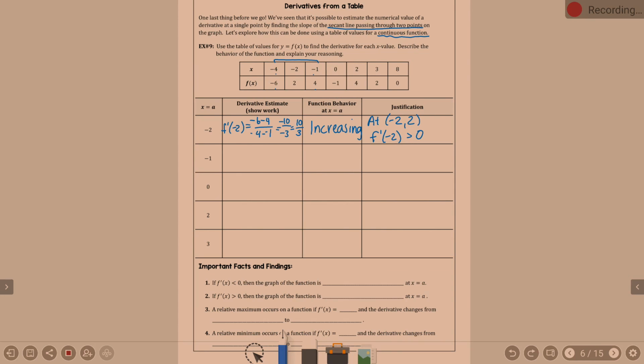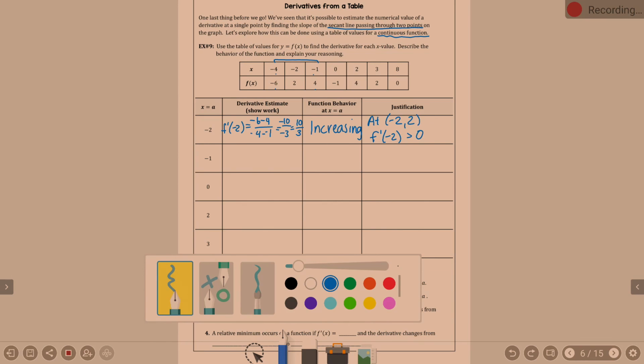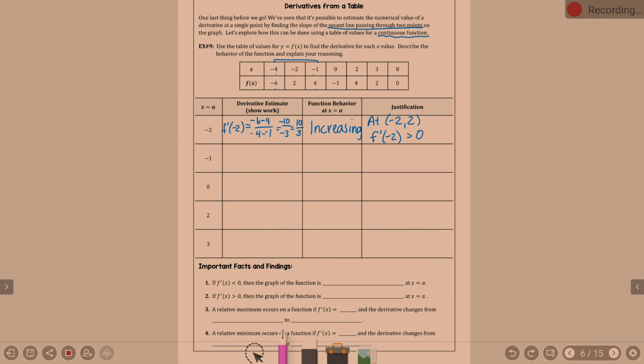Okay? So now, if we go to -1, what am I doing for -1? We're using our points at -2 and 0, the two closest points around it. Make sense? So f prime of -1, doesn't matter which way you go about this, is 2 minus -1 over -2 minus 0.